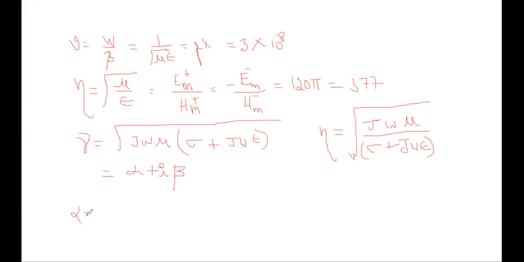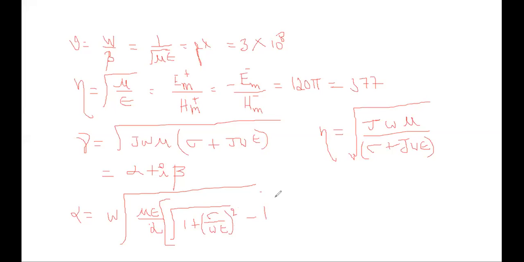In that, alpha is equal to omega under root of mu epsilon by 2 and whole multiplied with under root of 1 plus the ratio sigma by omega epsilon whole square, minus 1.